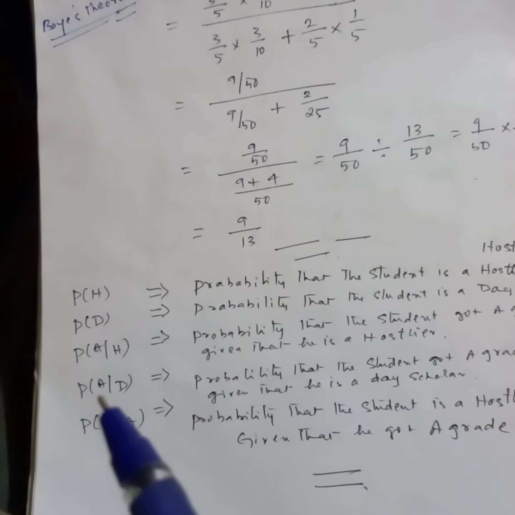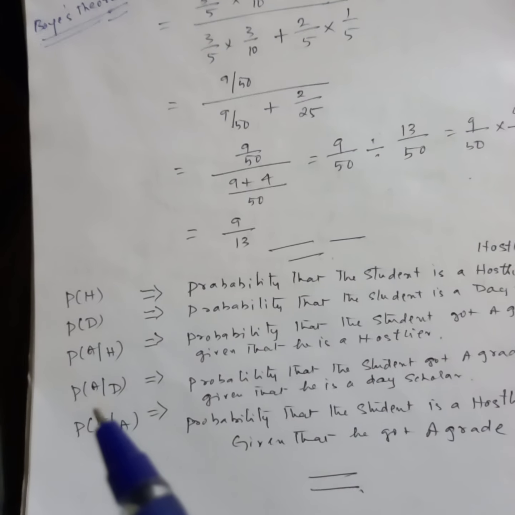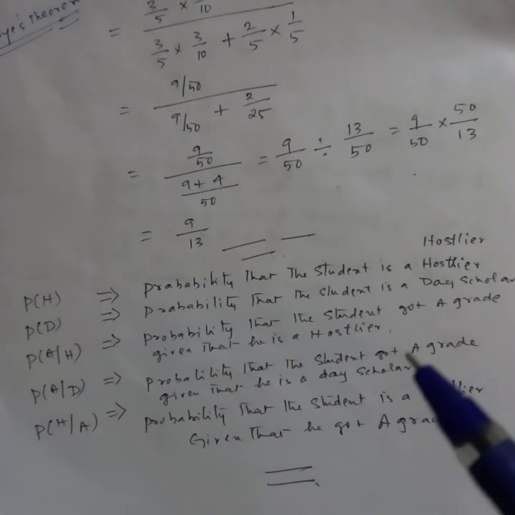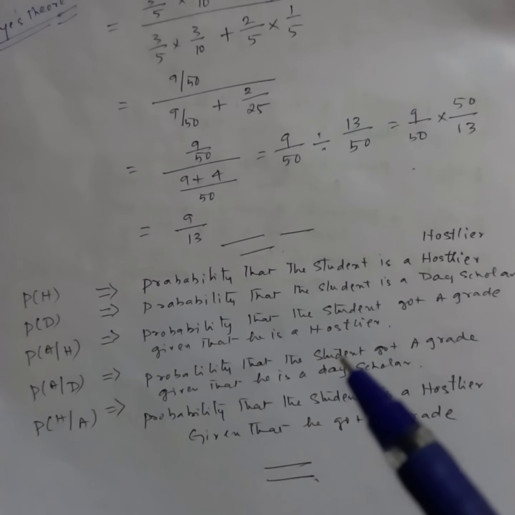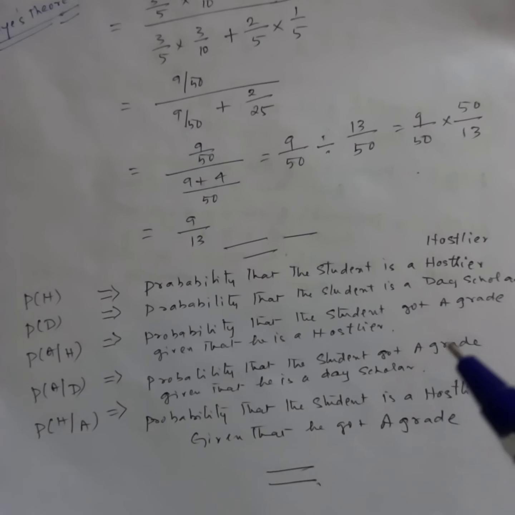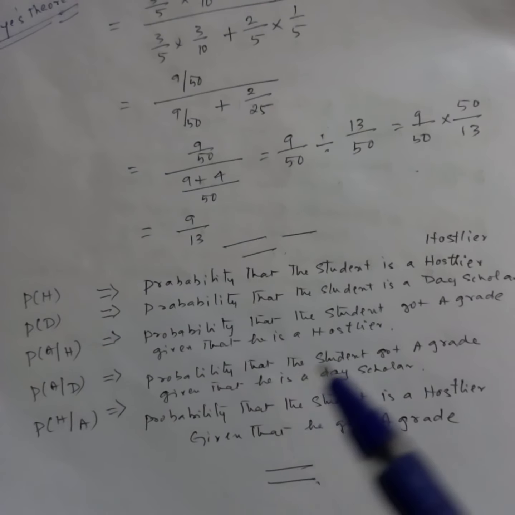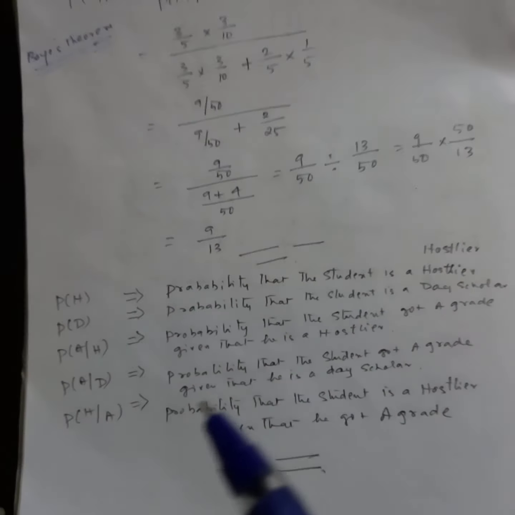Now here, probability A bar D. Probability that the student got a grade given that he is a day scholar. So D, day scholar.